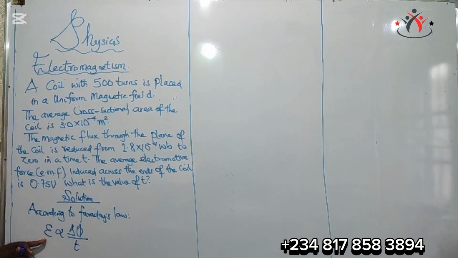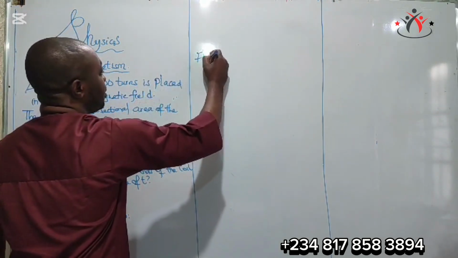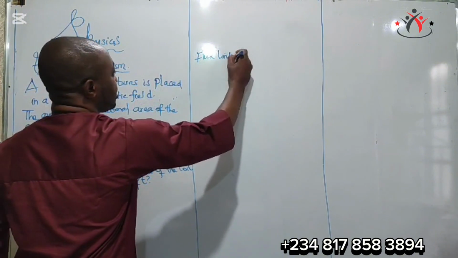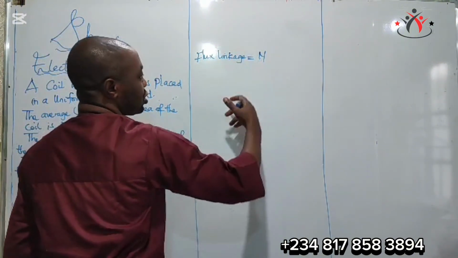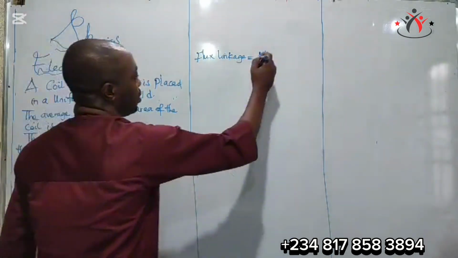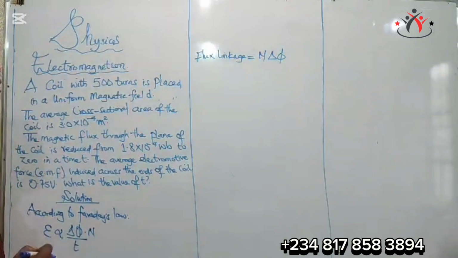So we have E, the induced electromotive force, and the change in magnetic flux with respect to time. Now, when it is flux linkage, it will be multiplied by N. Flux linkage is the number of turns or number of loops, multiplied by the change in magnetic flux.